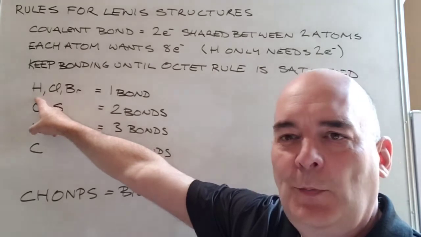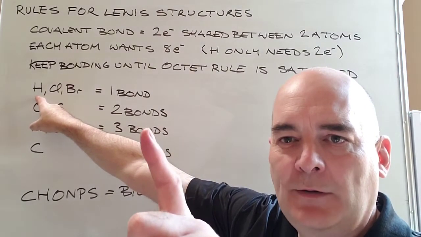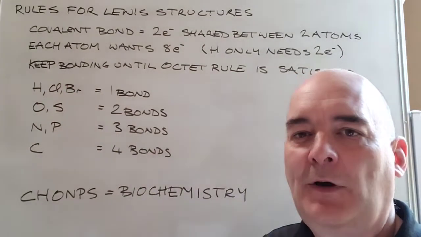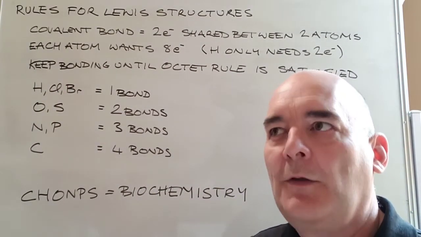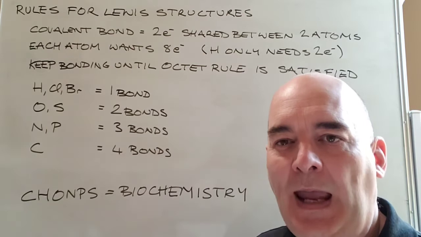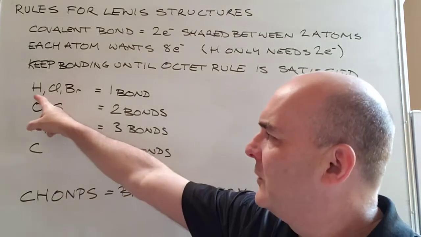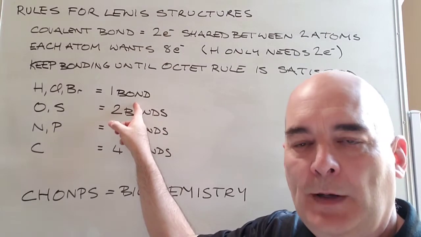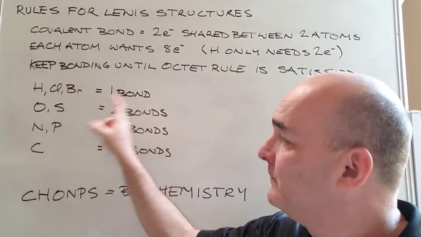Because hydrogen is in group 1, it has 1 electron, which means it can only make 1 bond. And because chlorine and bromine are in group 7, they're 1 electron from having 8 electrons. So hydrogen and chlorine and bromine only ever make 1 bond, exclusively.